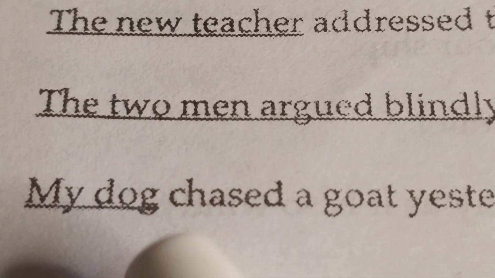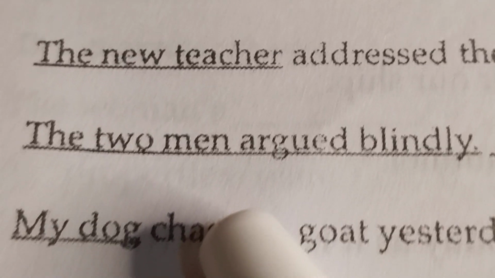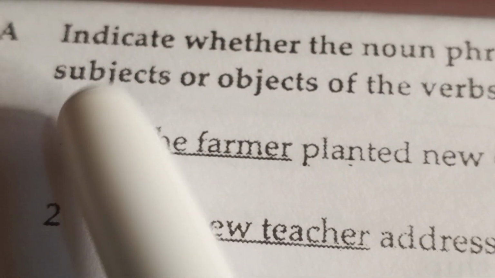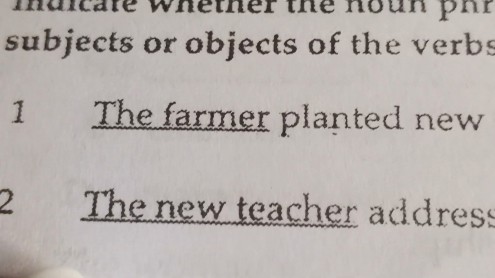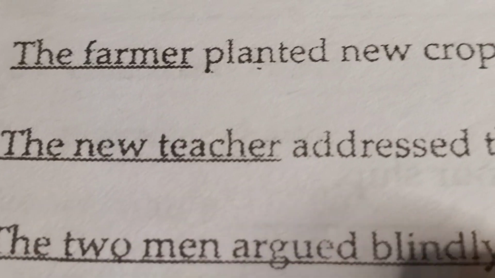"My dog" comes before the verb, so it is still the subject. So the whole of these are subjects of the verb, because they come on the left-hand side of the sentence before the verb on the right.